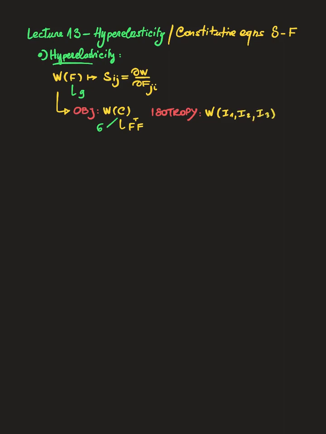These are the so-called scalar invariants of C, and the nice thing is that we got to the point that we don't have 9, we don't have 6, but we rather have three functions. So essentially the energy depends on these functions.